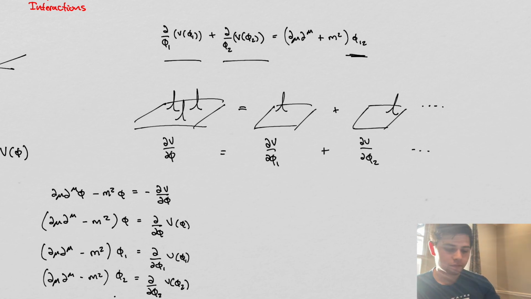Like this. So if we have a field that has multiple excitations in it, and these excitations are interacting with one another, then we can decompose this into different fields that have only one excitation in them. Okay, and this is going to bring us to this concept of delta decomposition.